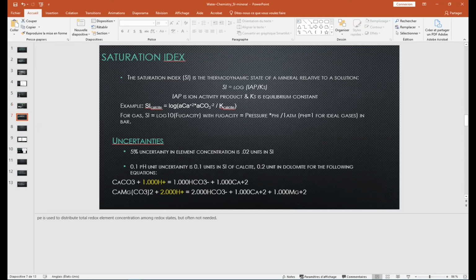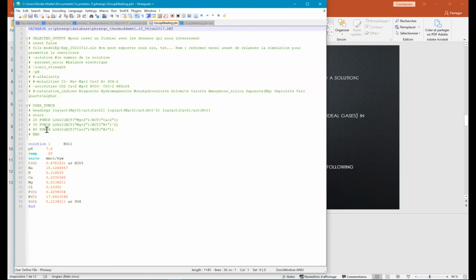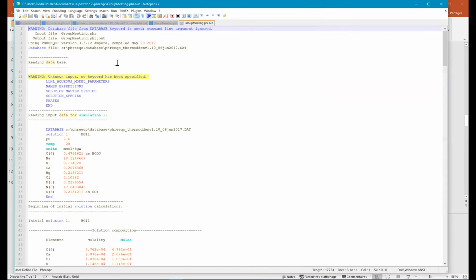So if I can show you what it looks like. Basically, in green, these are all comments, so don't look at that. You have the database here and then the solution. This is exactly the same as I showed just before: all the elements, the units I'm using, the pH and the temperature. This is for BG11. And then this is the output file.